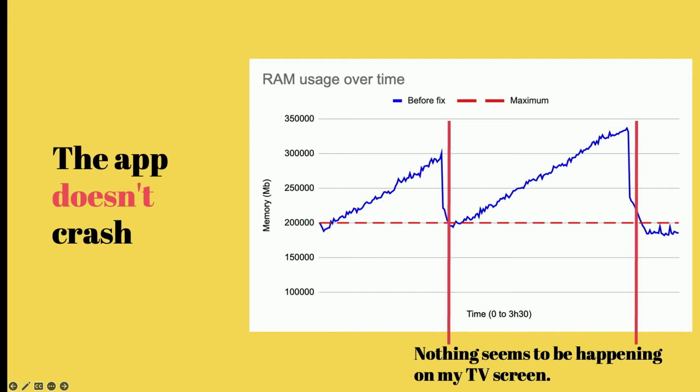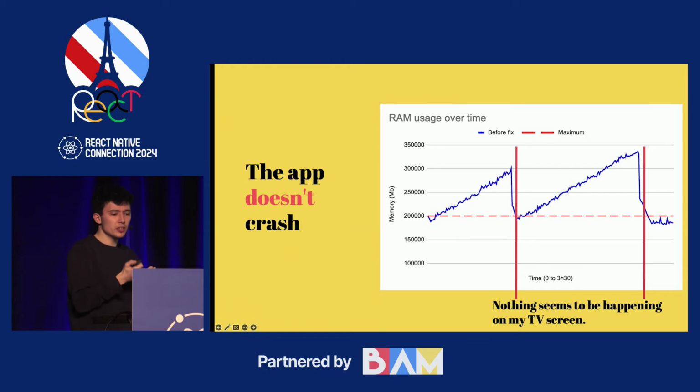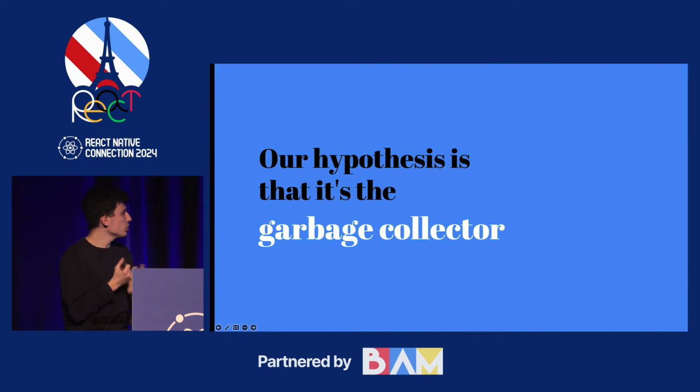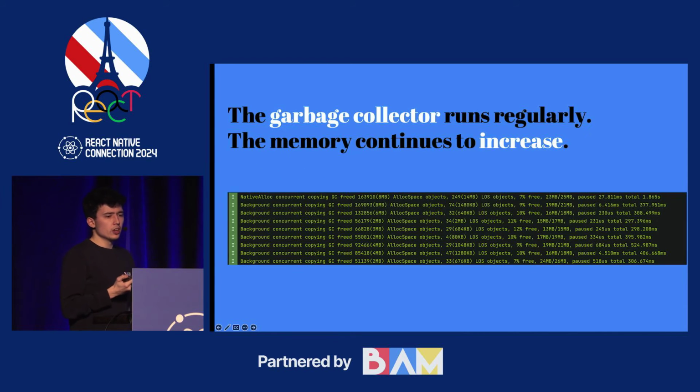But here the memory can be collected. So maybe it's not a problem with a memory leak, it's a problem with the garbage collector. It doesn't run often enough, maybe. So it's our second hypothesis, that the problem is in the garbage collector.